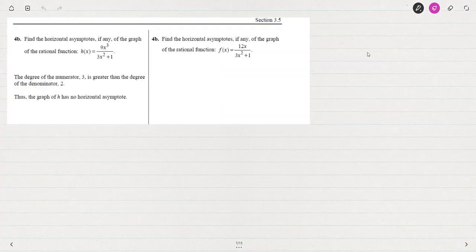Let's try it again. If we do 12x, the top, divided by the bottom, 3x squared plus 1, do you see, oh wait, that 12x, the degree is too small.